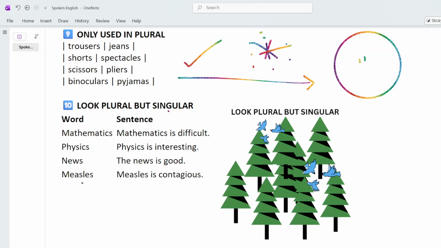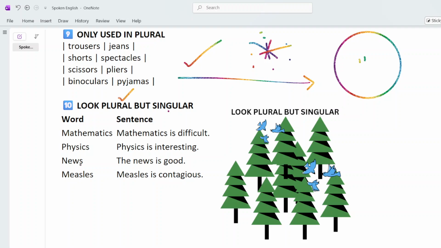So we say mathematics is difficult. Mathematics itself has an S, but it is a singular form. All right, physics, a singular form, but it sounds plural.